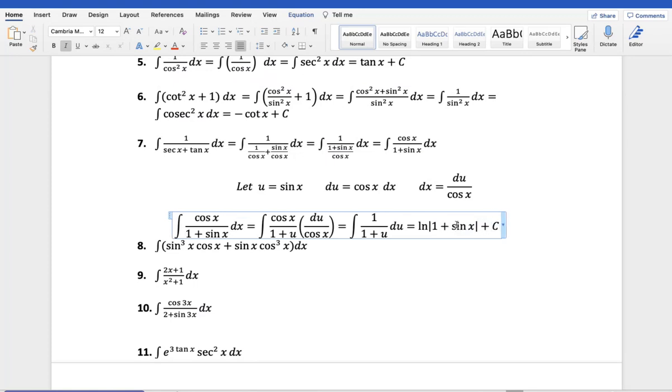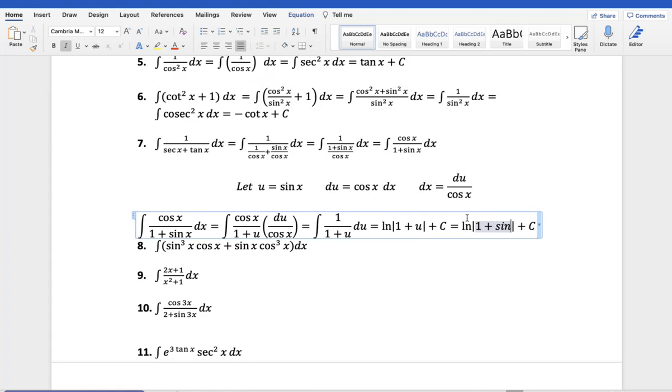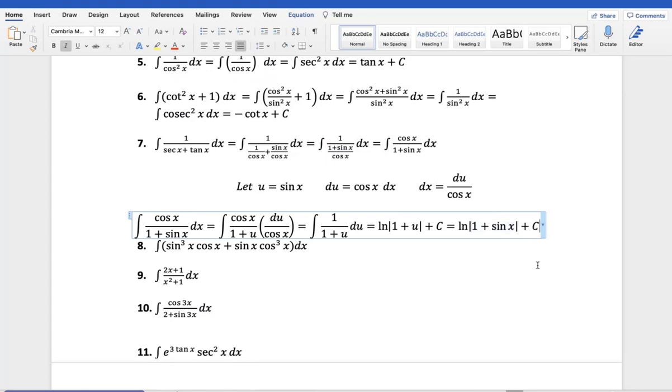But then if you substitute u with the original u substitution, you'll have ln of the absolute value of 1 plus sine of x plus the constant of integration c.